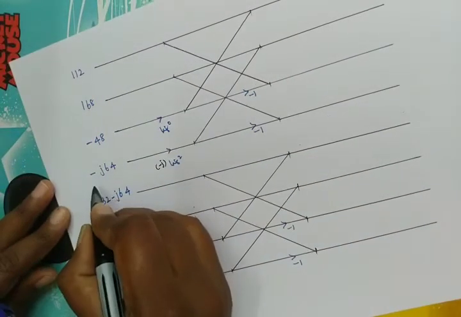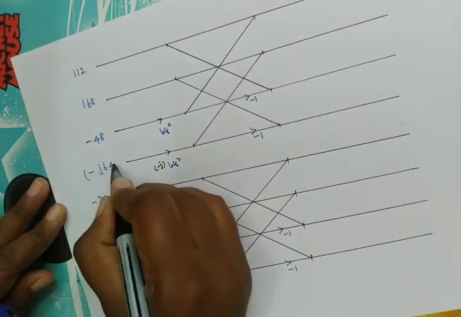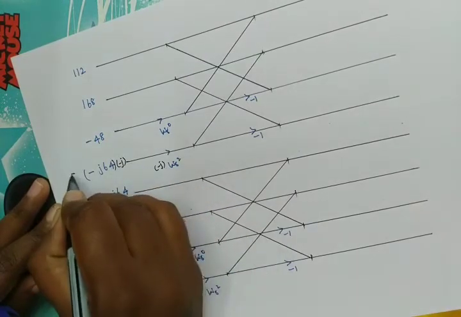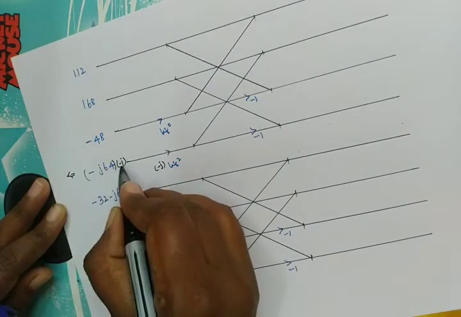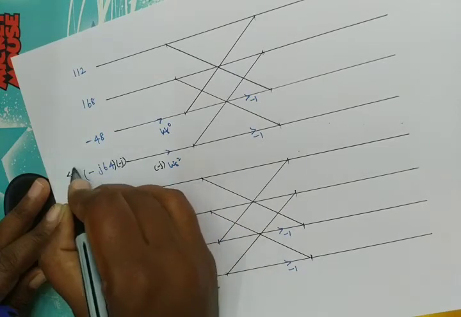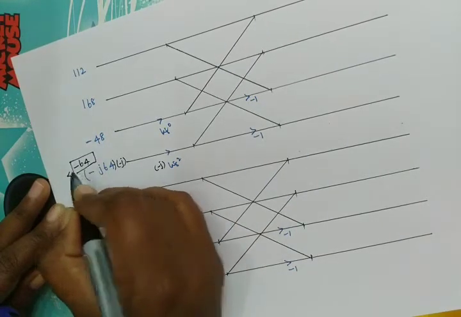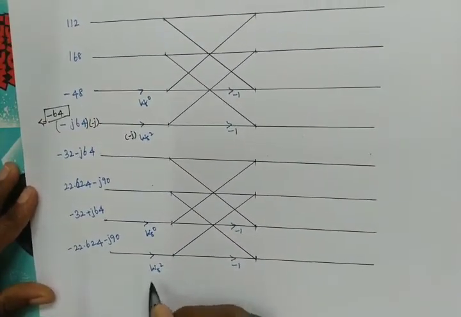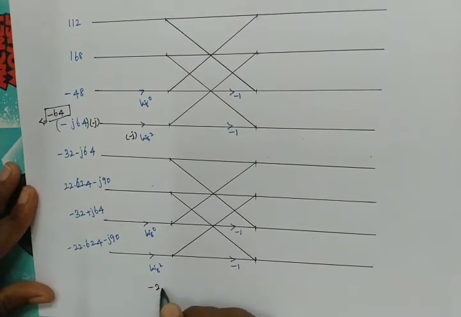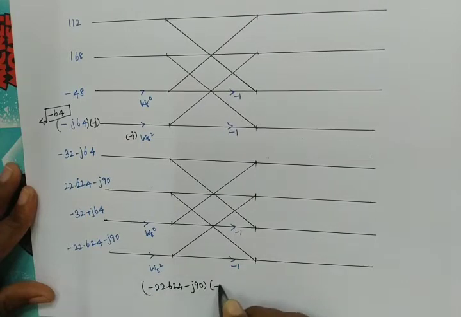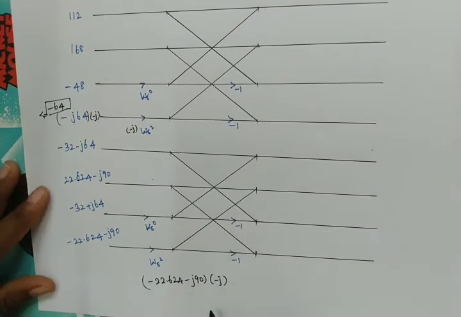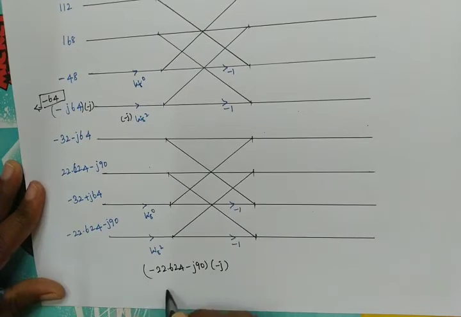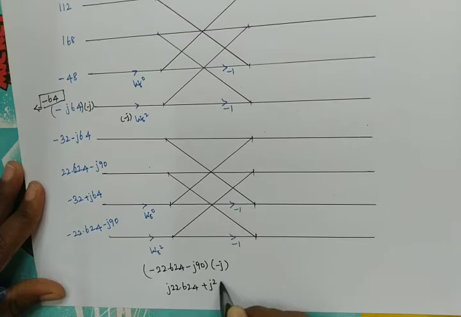Now multiply this value with minus J. So into minus J, which will be equal to minus into minus plus. Then J square value is minus, 64. Now this is what we have to use here, minus J 64. Likewise here we have W 8 power 2, so it is equal to minus J. So minus 22.624 minus J 90 into minus J. Minus into minus plus J 22.624, minus into minus plus J square 90.